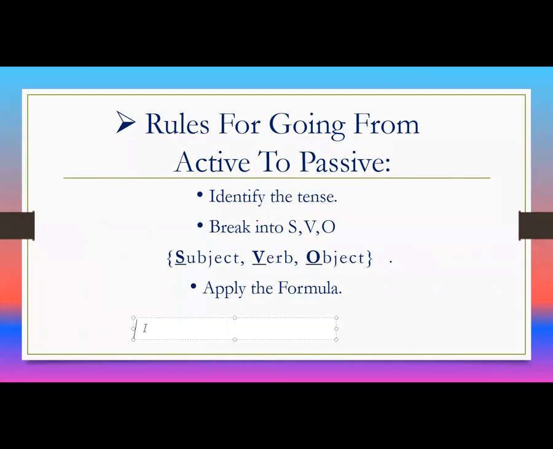Okay, can you see over here? For example, he plays cricket. Here is the sentence. Let us break it into subject, verb, object. He, plays, cricket.